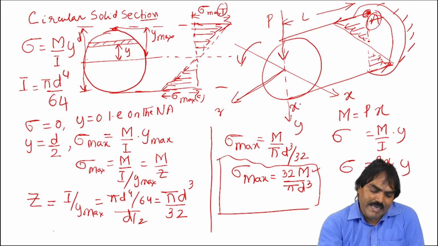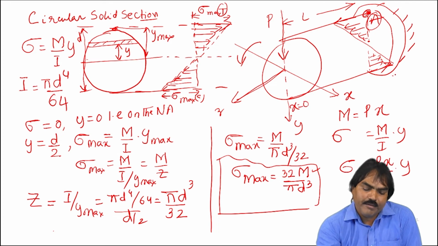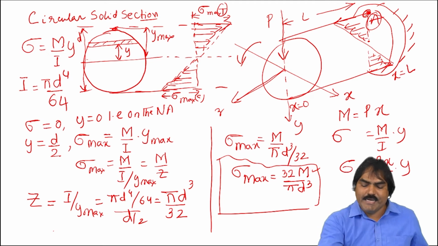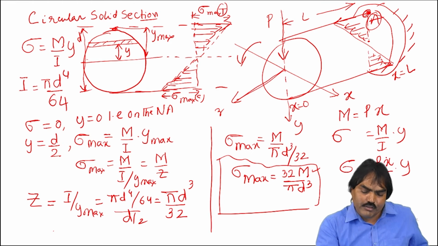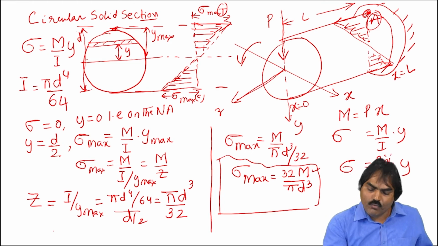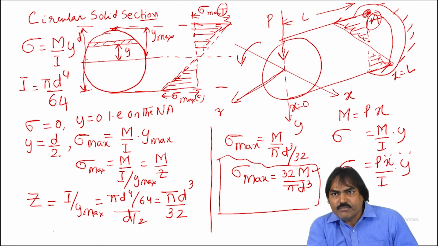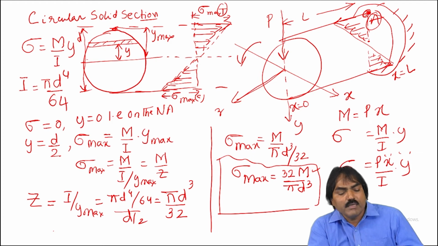At the free end, x is equal to 0, and at the fixed end, x is equal to L. We are moving from the free end to the fixed end. So when x is equal to 0, even if y is not 0, the bending stress will be 0. That means at the free end, the bending stress will be 0 when the beam is subjected to transverse load.